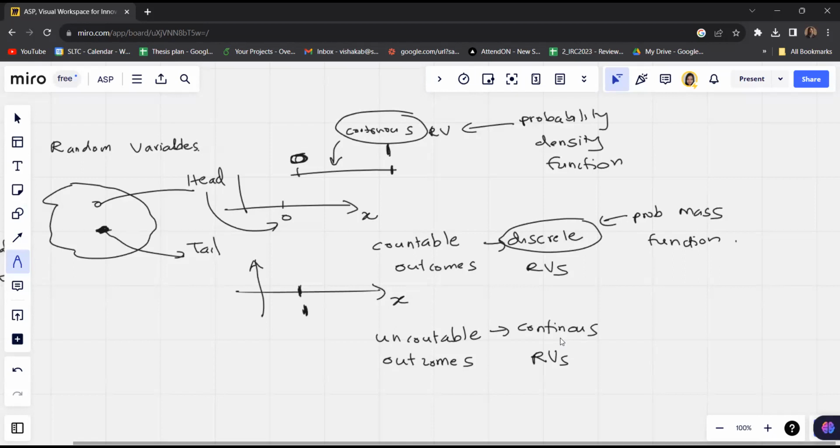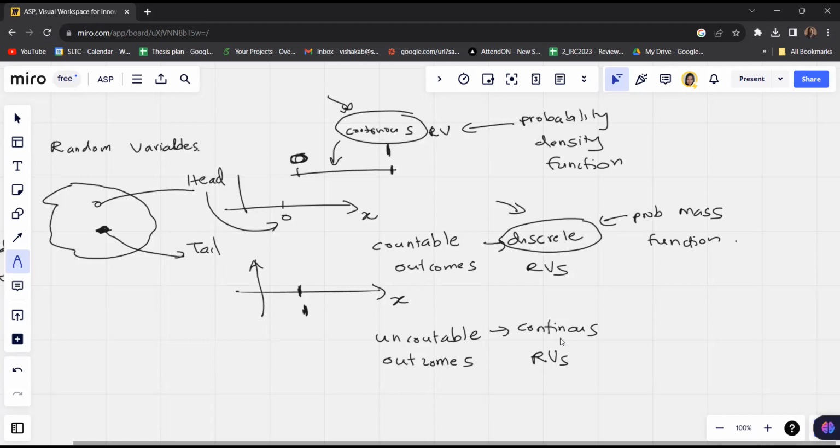So these are the things we learned about random variables. Random variables can be continuous or discrete. Continuous means you can't count the number of outcomes, because the outcomes can be any value between two fixed limits. We cannot even count them; there is an infinite amount of outcomes.